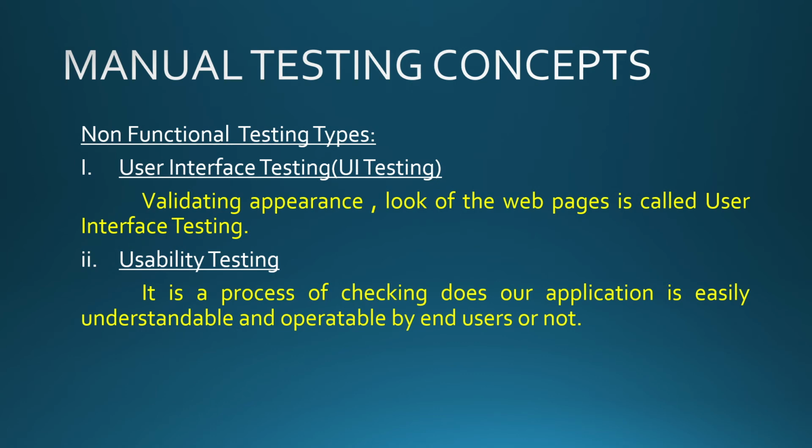For example, there is some non-technical person trying to use an application. Based on his knowledge, he should be able to understand our application clearly and operate it very easily. As an end user, whether the application is understandable and operable, we test with the help of usability testing.